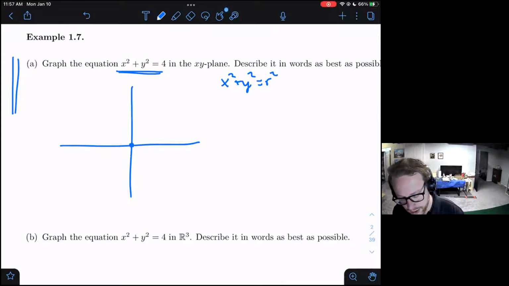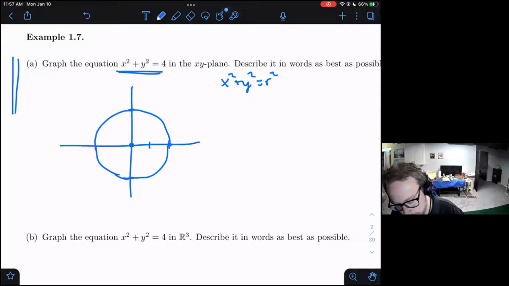I can draw this awfully fast because I know that this is the standard setup for a circle, and the radius is 2, because 2 squared equals the 4 on the other side of the equation. Moreover, I know that it's centered at the origin because these x's and y's haven't been shifted at all.